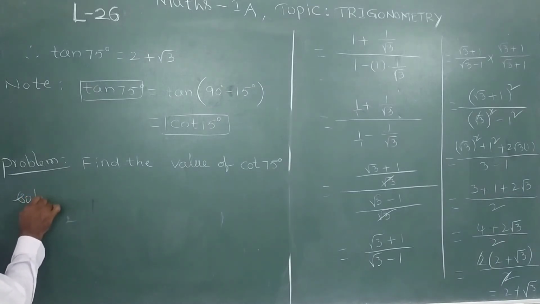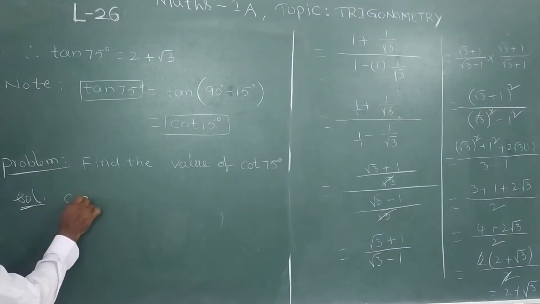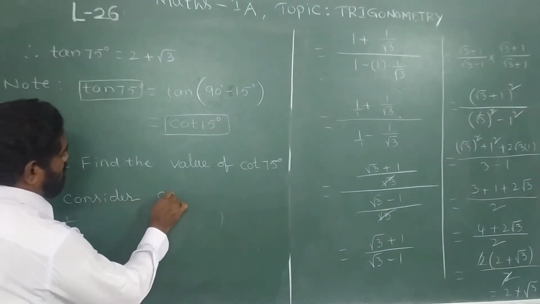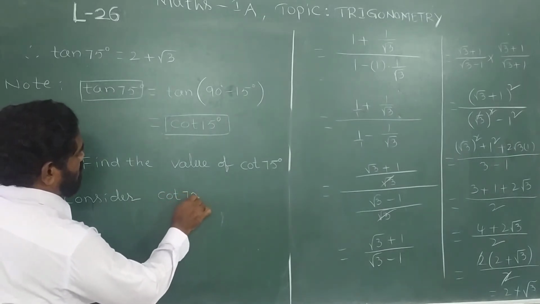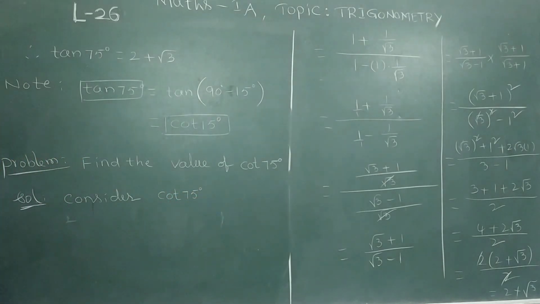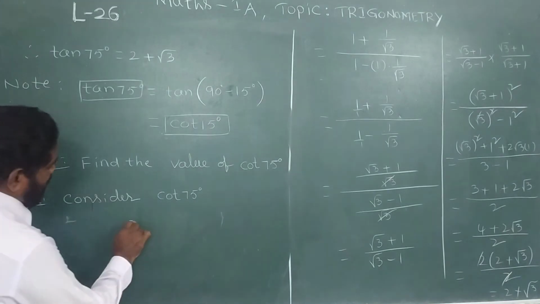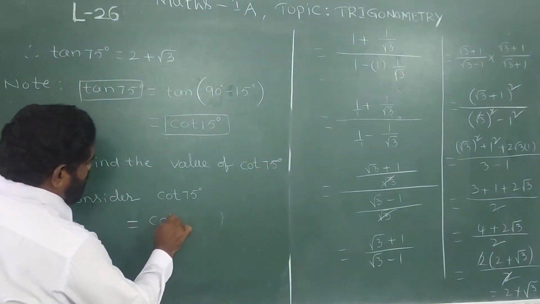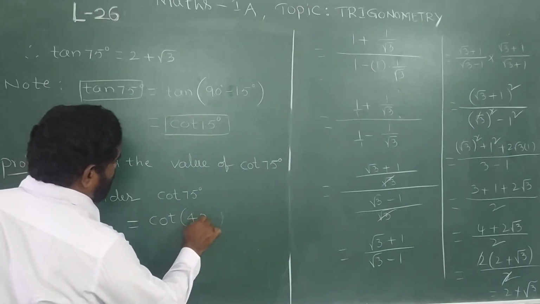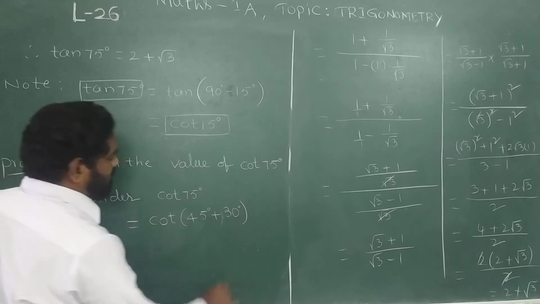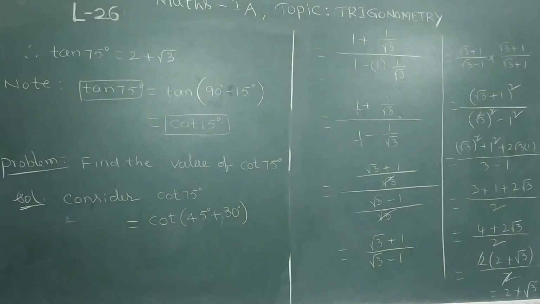Solution. Okay. Consider cot 75 degrees. Cot 75 can be written as cot of 45 degrees plus 30 degrees.